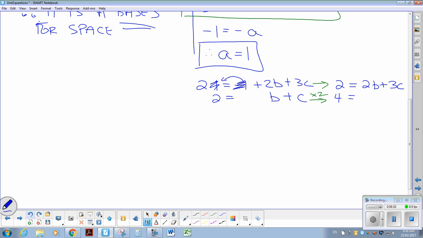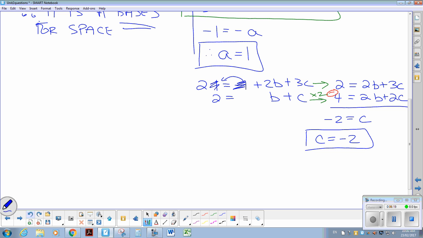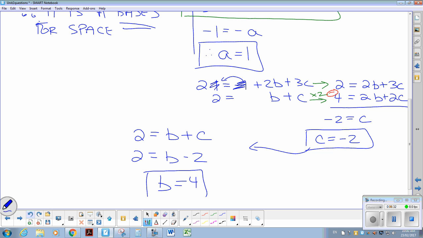I have 4 equals 2b plus 2c. To get rid of my b terms, they're the same sign, so I'm going to have to do subtraction. So negative 2 equals c. So c equals negative 2, which will then allow me to find b. So I'm going to take that bottom equation. 2 equals b plus c. 2 equals b minus 2. So b is equal to 4.